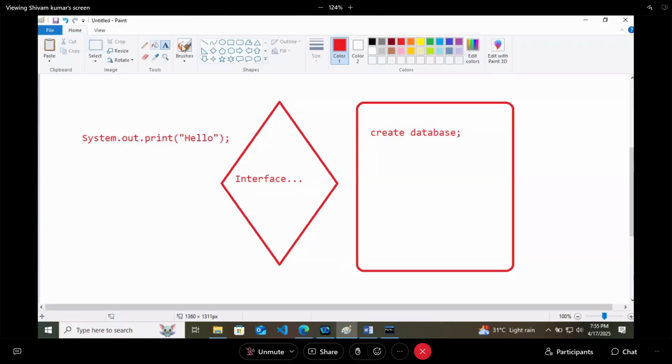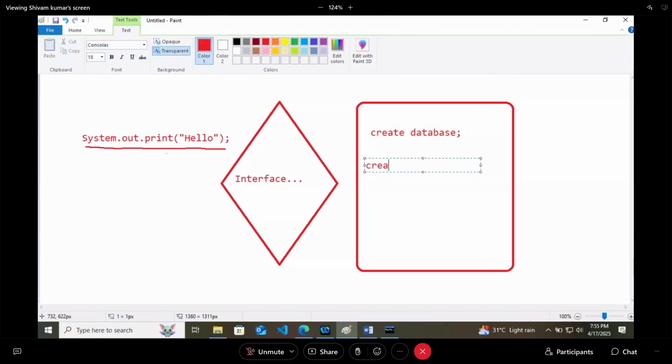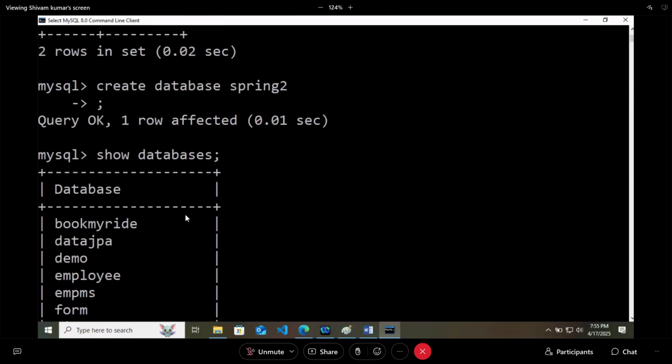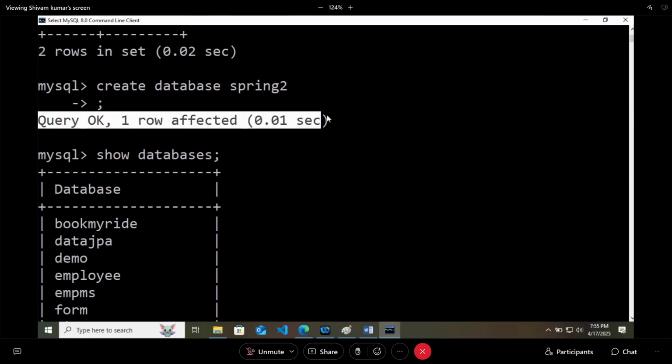So the interface will take the message from Java, hello, and it will convert this hello to a message like this: create database hello, or any other purpose. Now, when you are creating a database, generally you will get one message: query OK, one row affected.